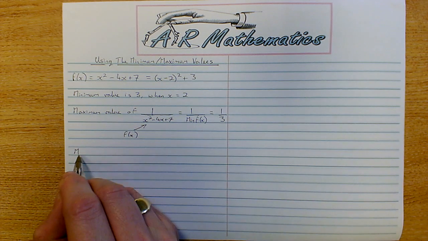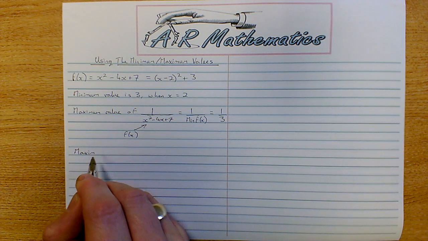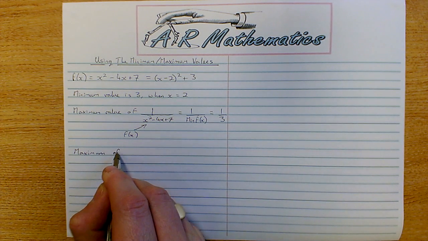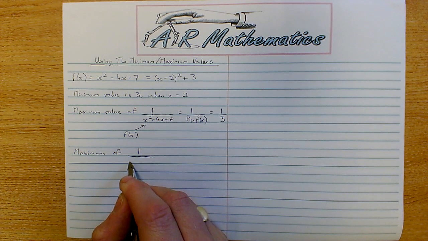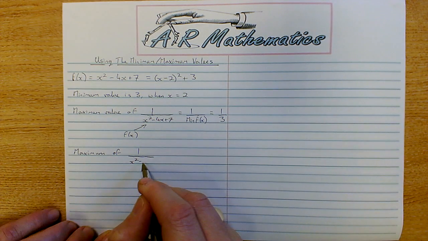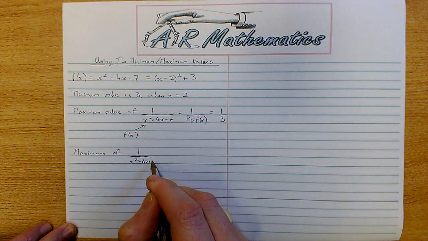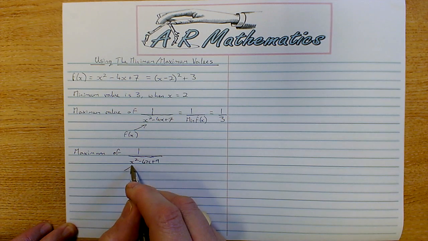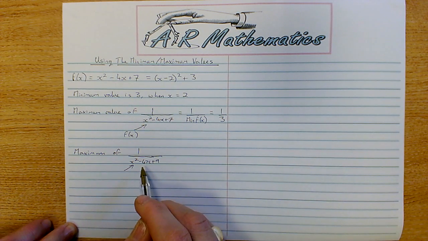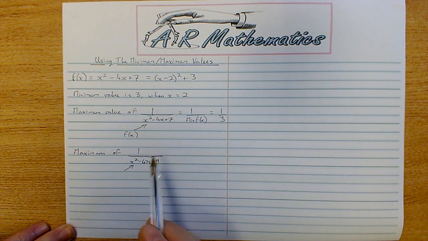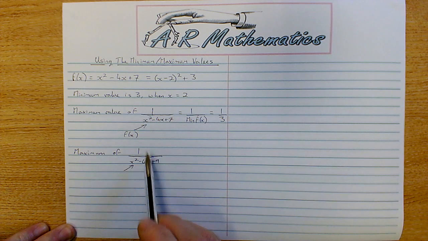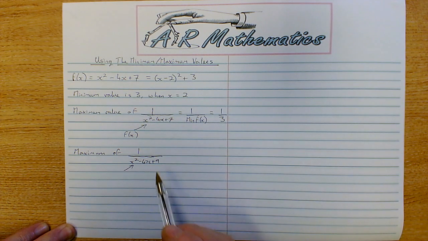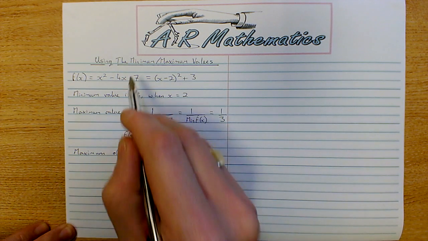If I follow that through, if I wanted to find the maximum value of 1 over x squared minus 4x plus 9. Well, if we compare this expression with our original function f of x, you can see the x squared is the same, they've both got minus 4x, but the unit is 2 more.